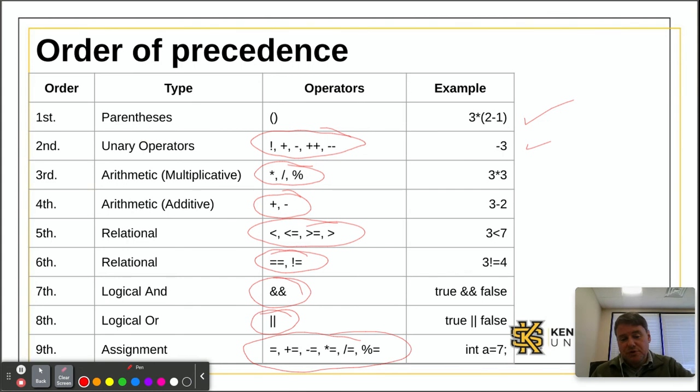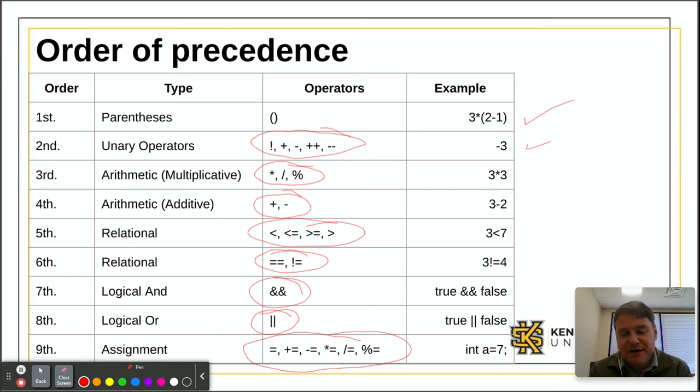And again, there are multiple different ways that you can do assignments because you have plus equals, minus equals, star equals, and all those were covered in previous videos. So parentheses first, then any of the unary operators, which does include plus plus and minus minus, then arithmetic, additive, relational, logical, and then finally assignment.